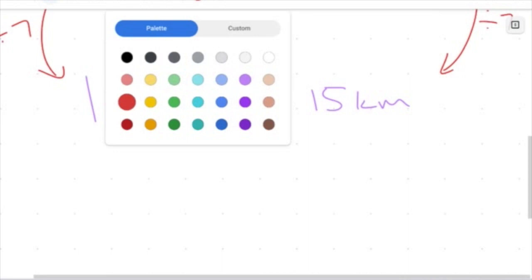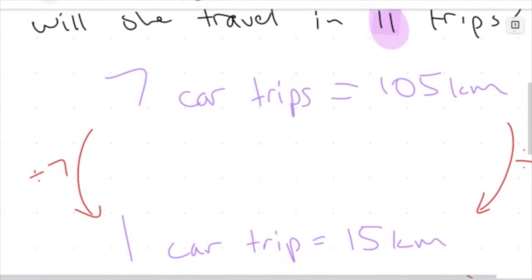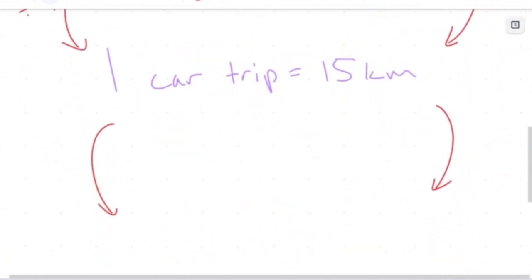Now, how do I get from one car trip to 11? Well, the usefulness of this number 1 is that we can bring any number to 1 by dividing it by itself. See here, we divided 7 by 7, that gets us to 1. And we can get 1 to any number by just multiplying it by that number.